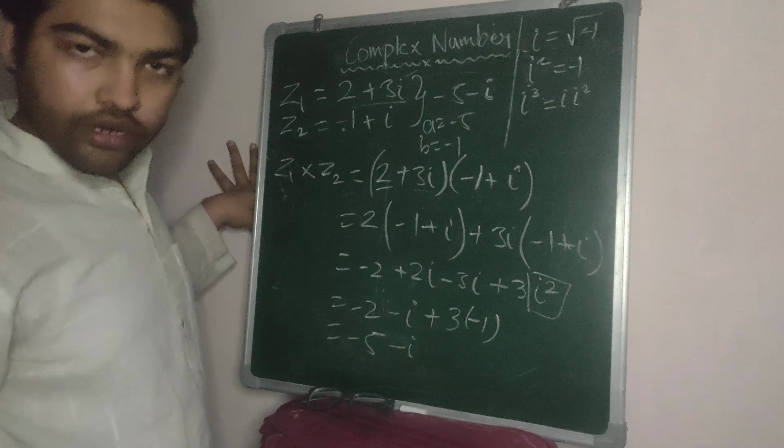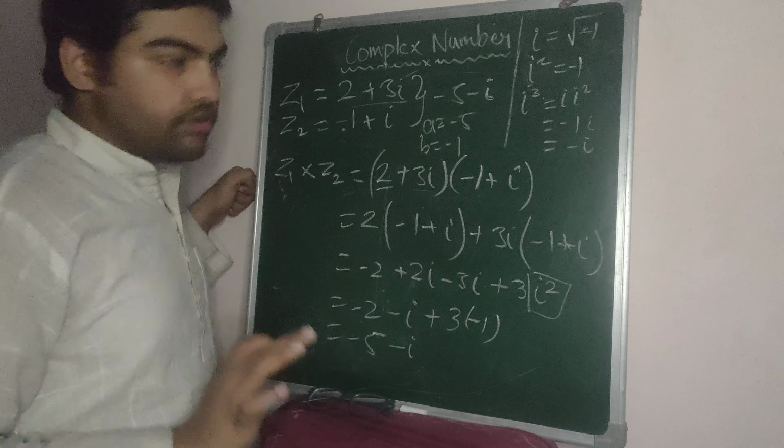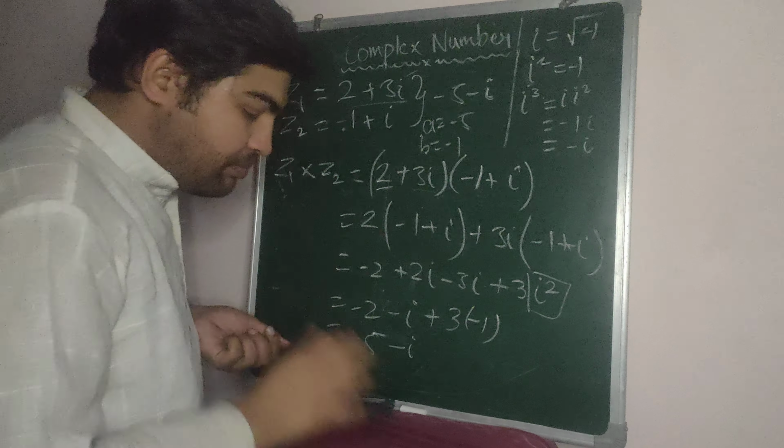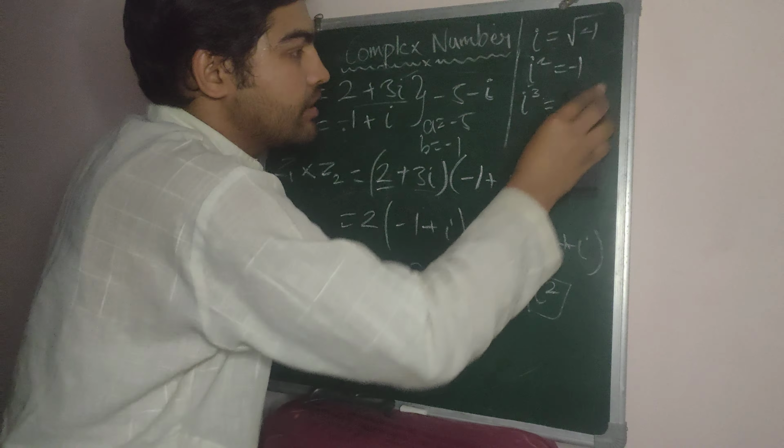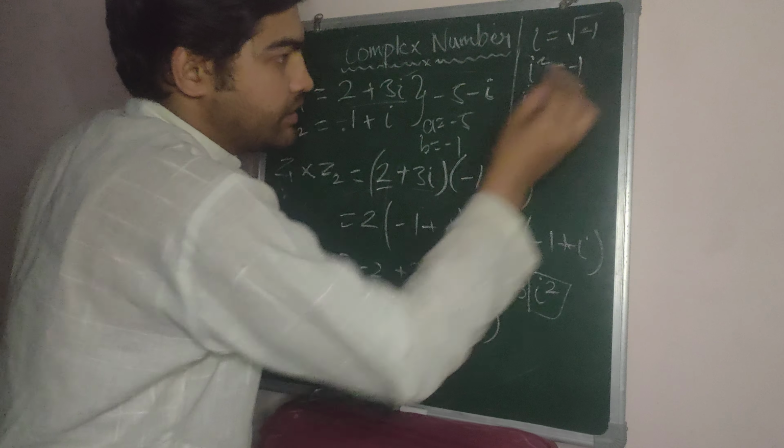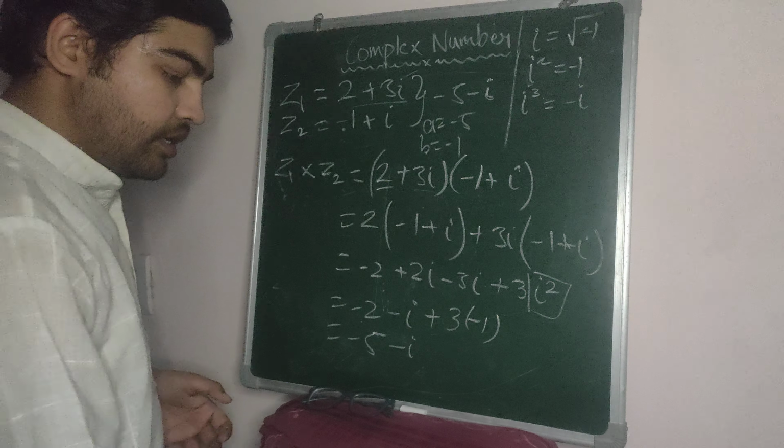So the value of i cube is minus i. The value of i is under root minus 1. The value of i square is minus 1, and the value of i cube is minus i. Understand?